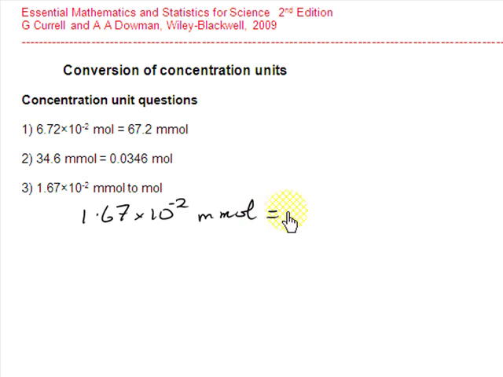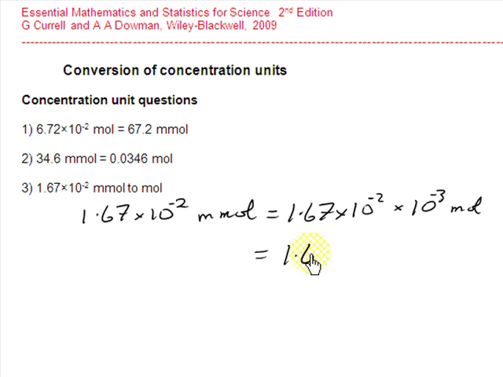Similarly, with 1.67 times 10 to the -2 millimoles, we can replace the millimoles by 10 to the -3 moles, and this will equal 1.67 times 10 to the -2 -3 -5 moles.